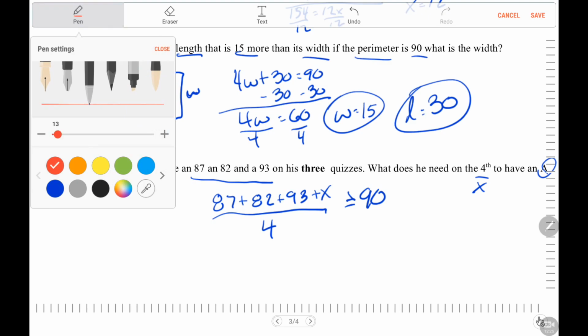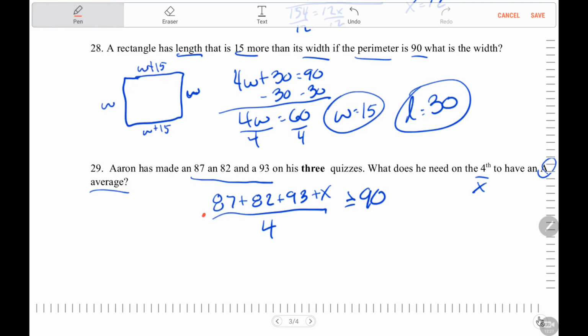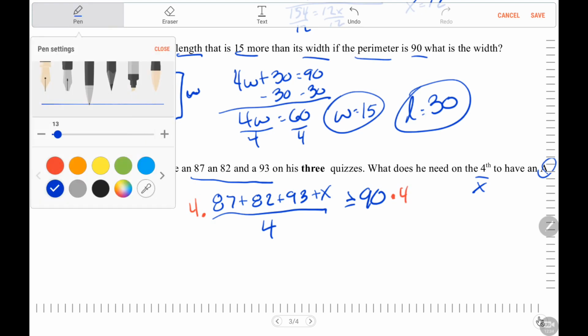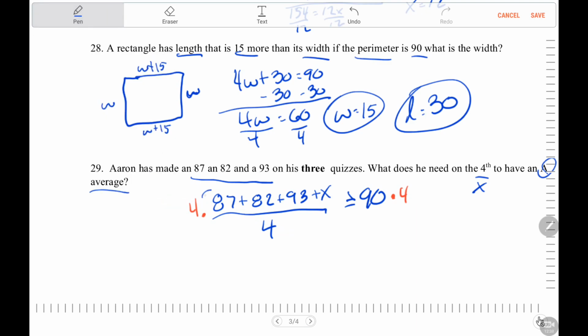So to solve this, you multiply times 4. What happens here, and the common mistake people make, is they multiply this 4 times all this stuff. Don't do that. That's a very common mistake I saw people make. What you want to do is just add everything together here.